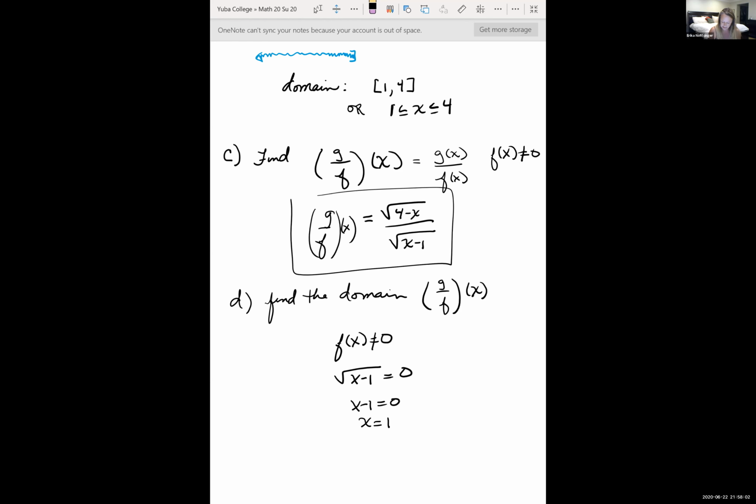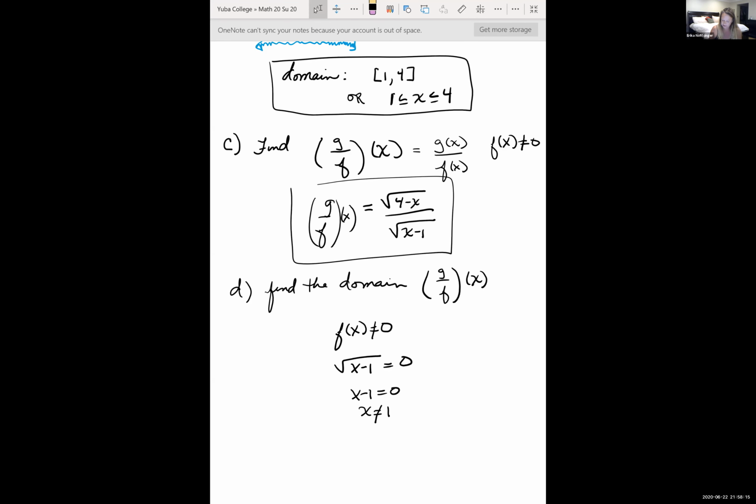So this is a case where x cannot be 1. So for our domain, before, we could include 1, but now we cannot include 1 because that sets our denominator equal to 0. So our domain is going to be all numbers between 1 and 4, not including 1, but we can include 4.